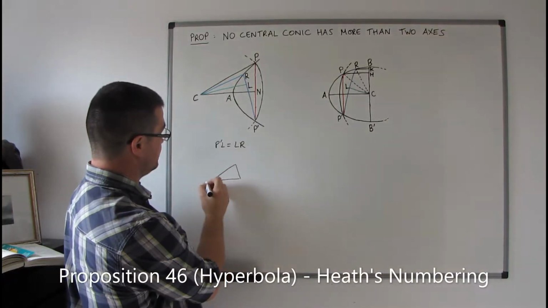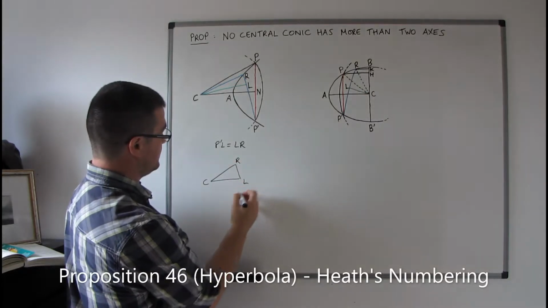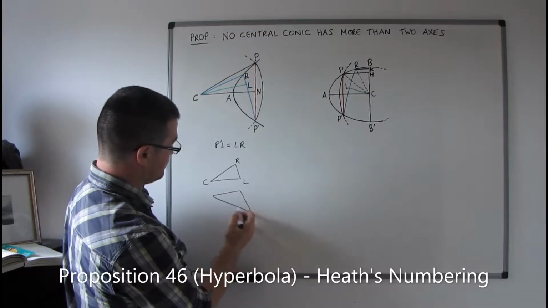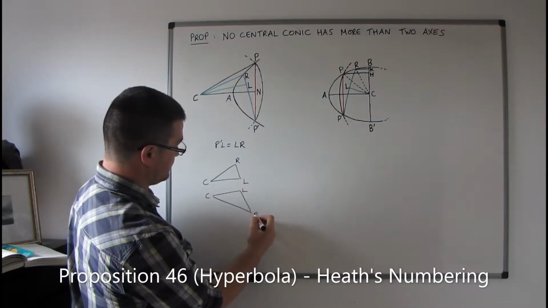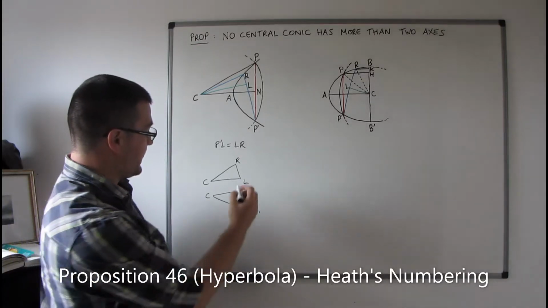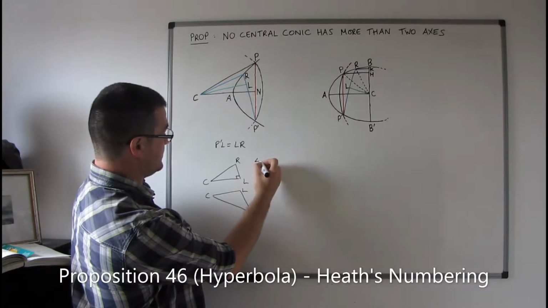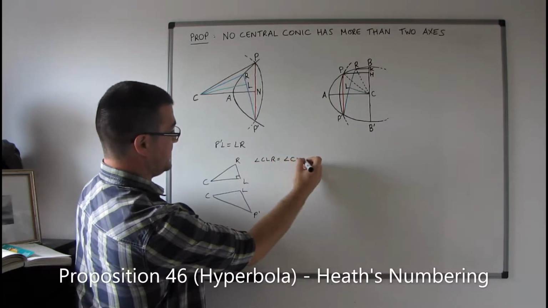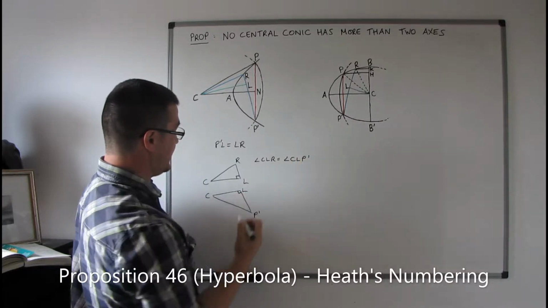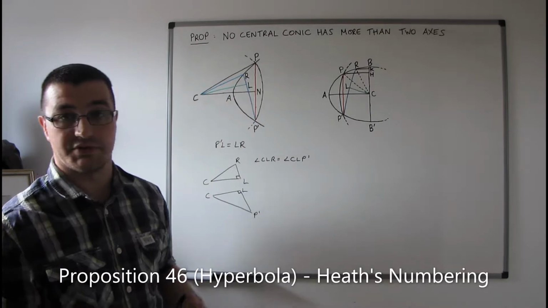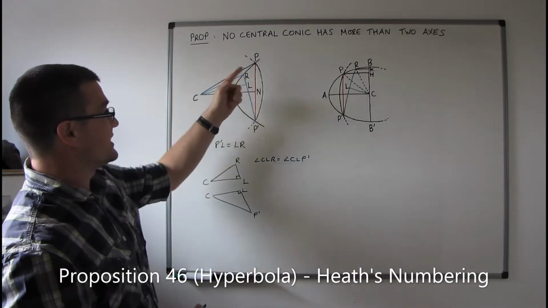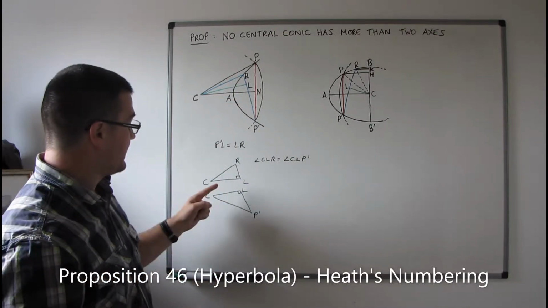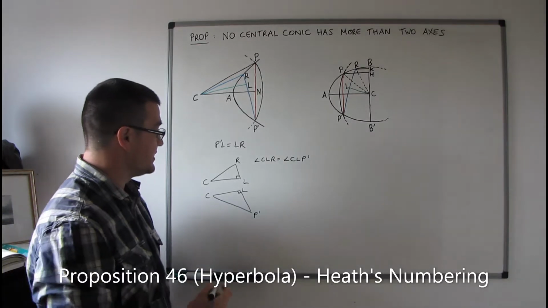Let's have a look now at the triangles formed by CRL and CLP primed. These are both right angles, so angle CLR is equal to angle CLP primed. That's due to the fact that CL is supposed to be an axis, and therefore it bisects this straight line P primed R at 90 degrees. So these must each be 90 degrees.